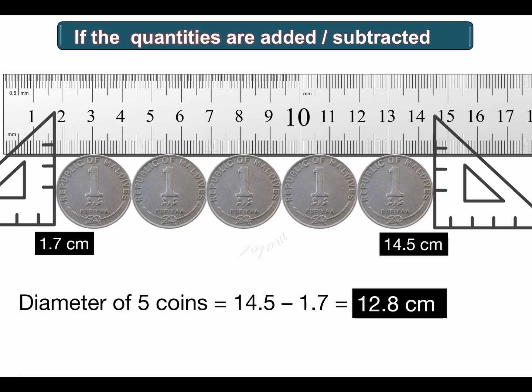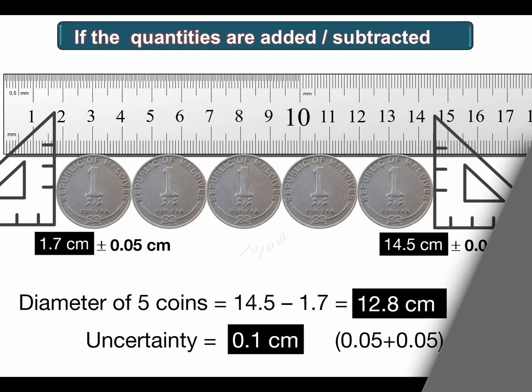When I measured 1.7 centimeters, there will be an uncertainty of 0.05 centimeters. That's half the resolution. Again, when I measured 14.5, there will be 0.05 centimeters uncertainty. This is the case of quantities being subtracted. And if the quantities are being subtracted, the rule is you have to add the uncertainties. So the total uncertainty in 12.8 is plus or minus 0.1 centimeters.